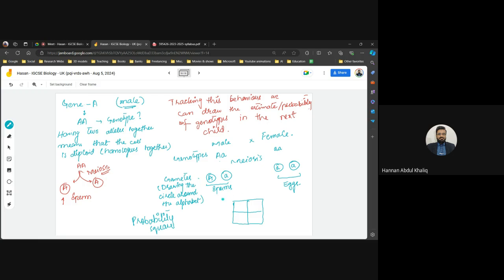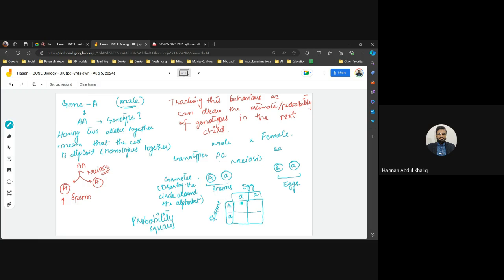So let's say the sperms on one side. Remember, how would we use this square? We'll keep the sperms on one side, A, small a, and we'll keep the eggs on the other side, small a, small a. Now, I'm constantly saying that we are drawing a probability. And if we are drawing a probability, then we need to know that any sperm can fertilize any egg.